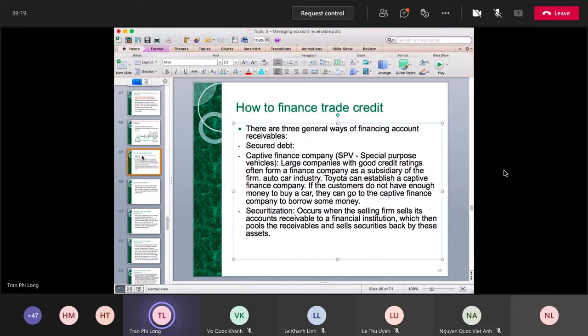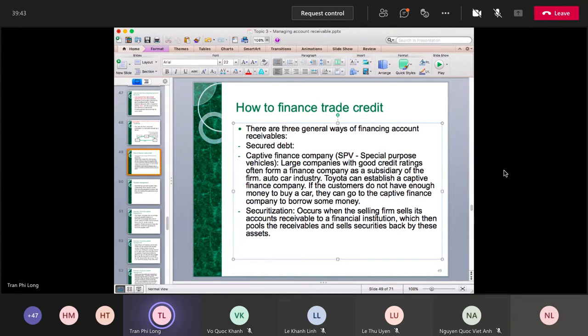Basically, when the bank provides money to a company or to a person, the bank wants to see the ability to pay back the debt. How can the bank know the ability of a company or of an individual to pay back the debt? The bank needs to investigate the source of money.